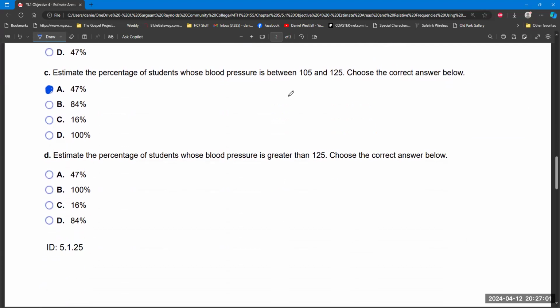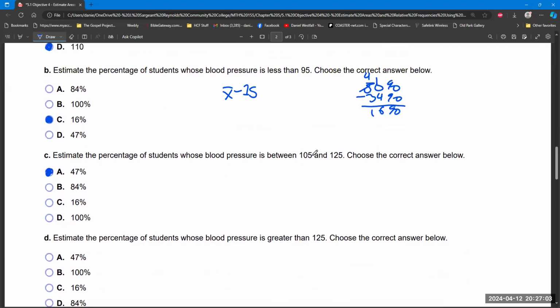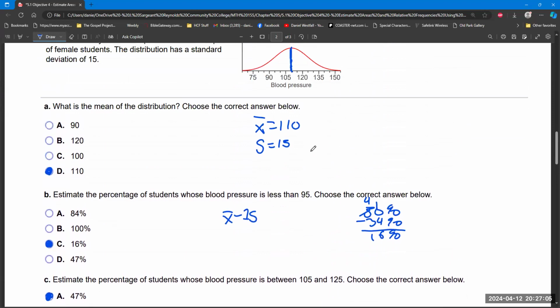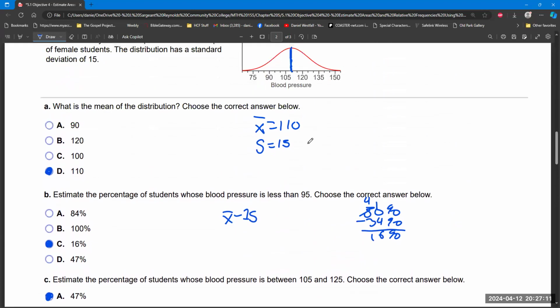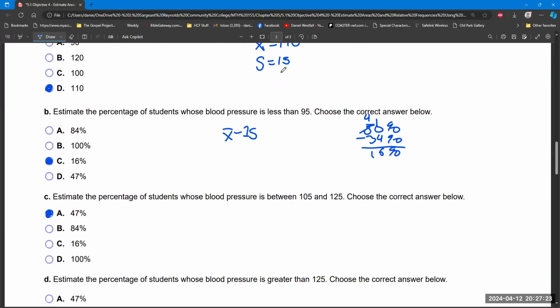And estimate the percentage of students whose blood pressure would be greater than 125. So again, 125 is 1 standard deviation to the right. This is similar to asking what percentage is to the left, less than 1 standard deviation to the left.